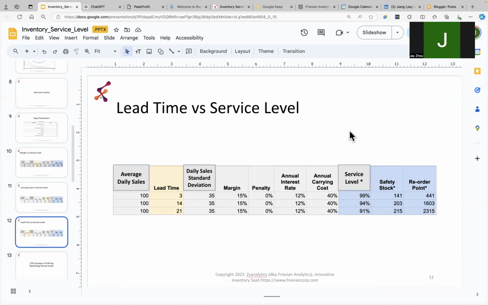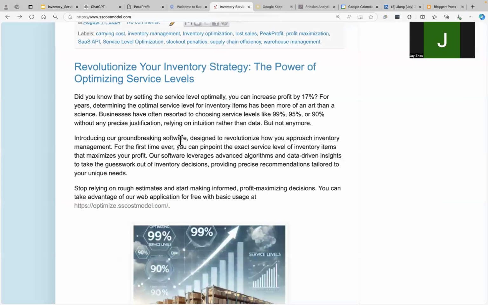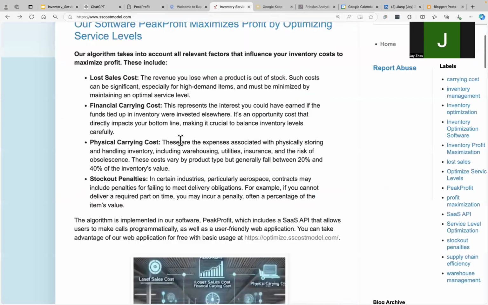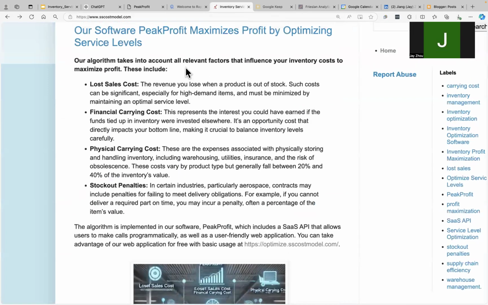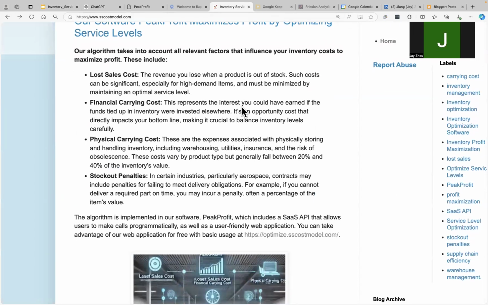You may wonder exactly how this works. I have a blog to explain that here, right? How it works. Basically, we take into consideration all relevant factors that influence your cost to maximize profit. For example, there are at least 4 things involved here, right?